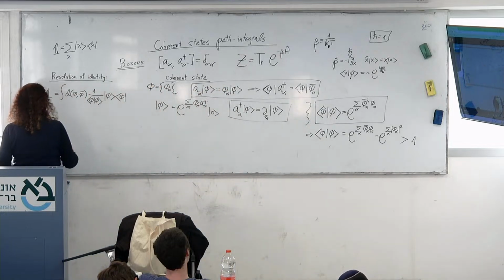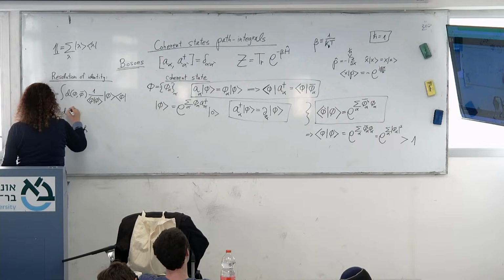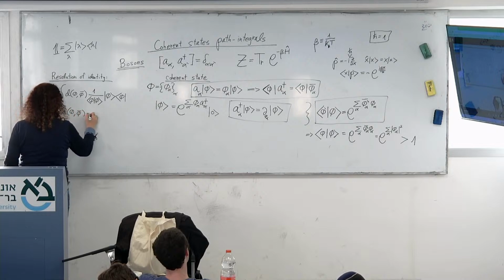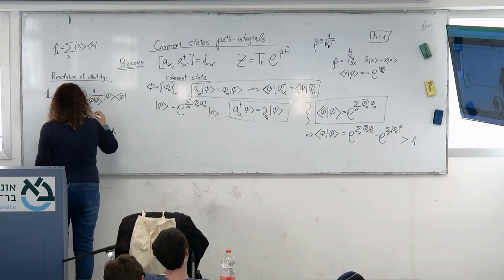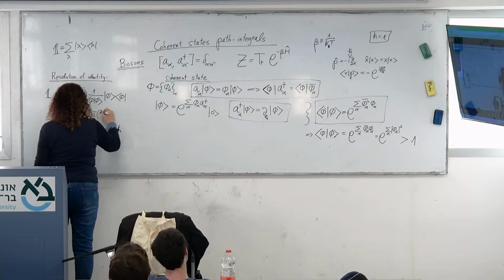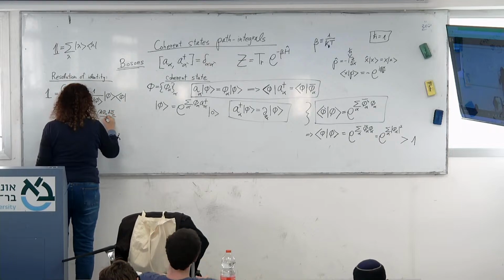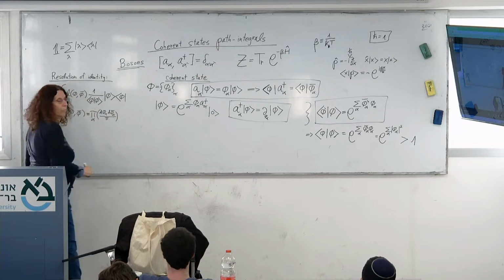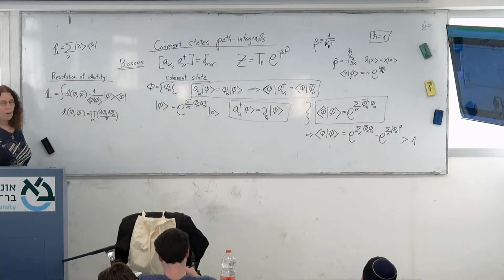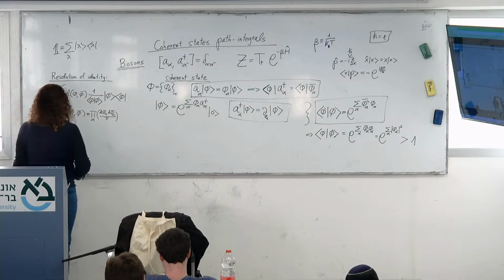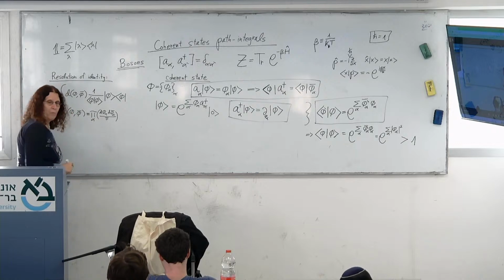Okay? So let us write it explicitly. I first want to define the differential. So this is a product over all alpha of d phi alpha bar d phi alpha divided by pi. Okay, that's the differential. Where is it coming from?